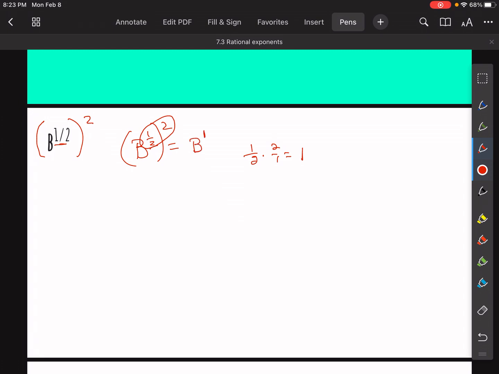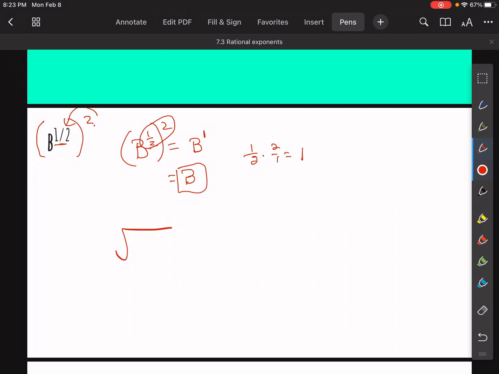I demonstrate that because it essentially undoes the exponent and I'm left with my base b. So squaring undoes half roots. What is the opposite of squaring something? The opposite of squaring something is taking its square root.